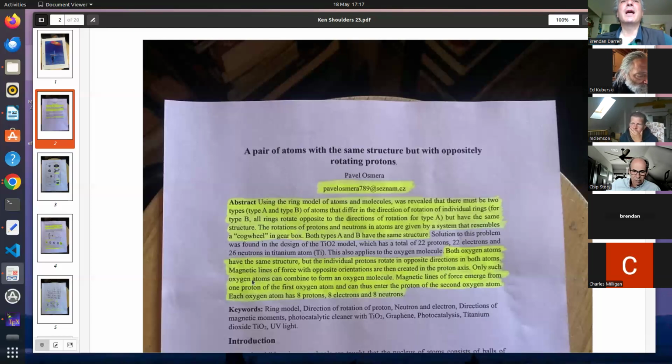Only such oxygen atoms can combine to form an oxygen molecule. Magnetic lines of force emerge from one proton of the first oxygen atom and can thus enter the proton of the second oxygen atom. Each oxygen has 8 protons, 8 electrons, and 8 neutrons.